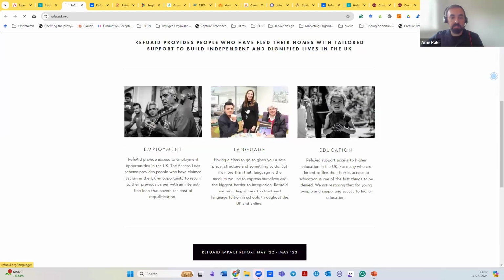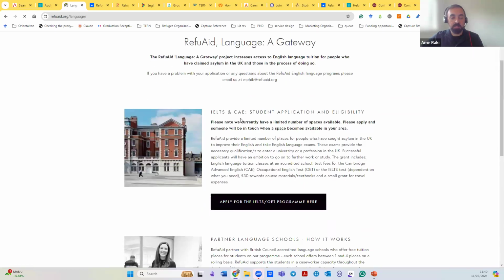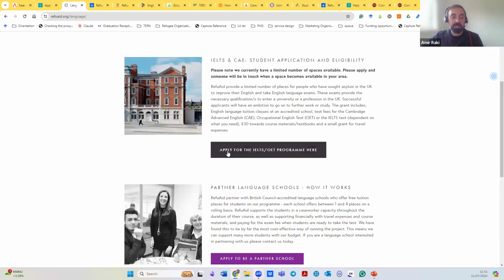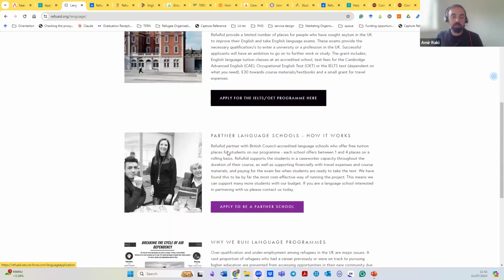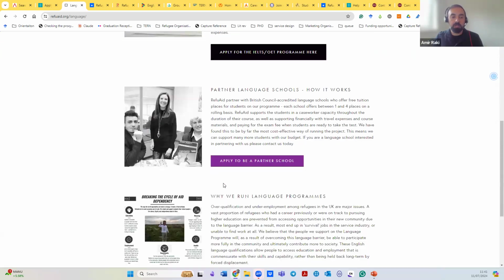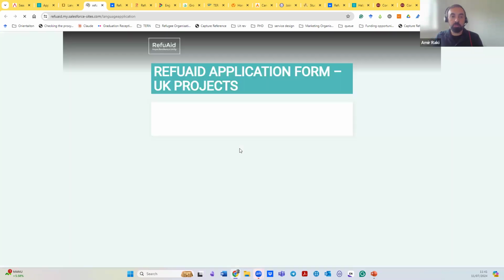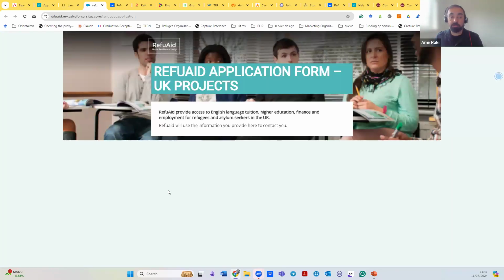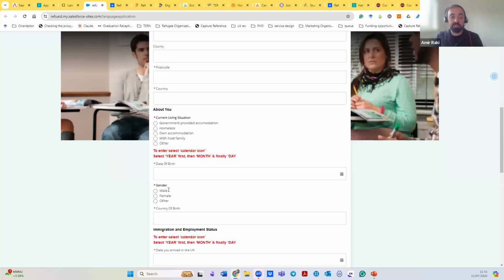Let's see, for language, for instance, if you go to the language page, you can apply online for IELTS, or if you're a nurse or a doctor, you can apply for OET, which is like an exam for healthcare professionals. You can apply online here, filling the form, and they will come back to you once they have your application.